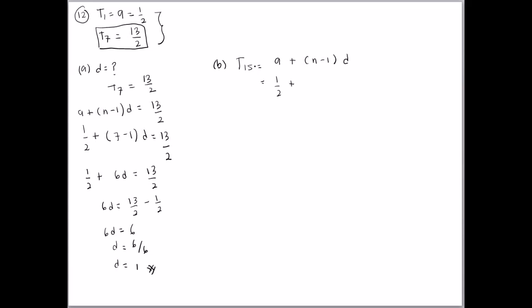Since we want to find T15, our n is 15. d is 1. Equals 1 over 2 plus 15 minus 1 is 14. 14 multiplied by 1 is still 14. And then 14 plus 1 over 2, in fraction form, we get 29 over 2.